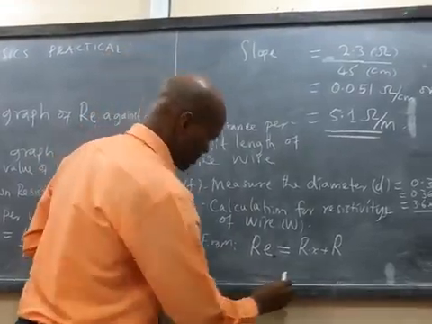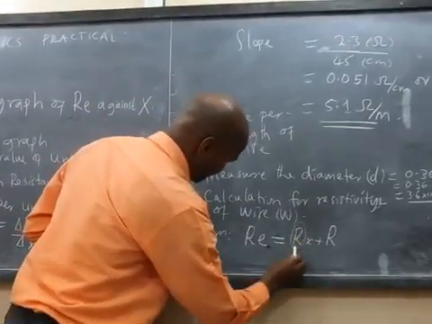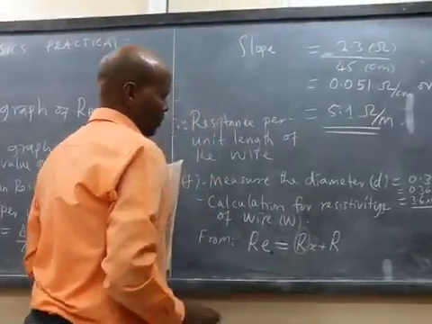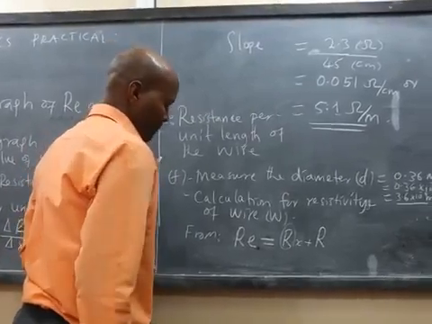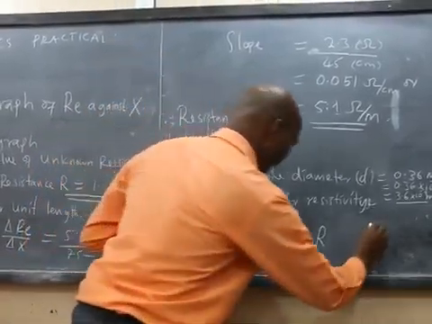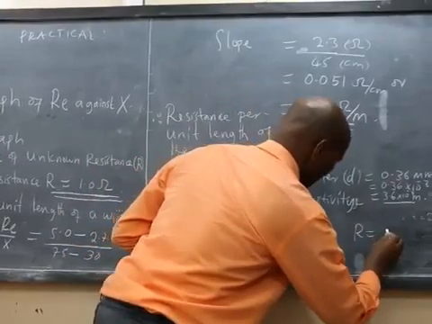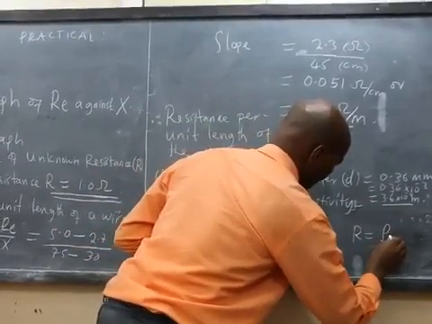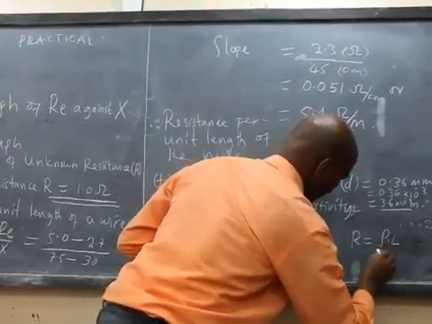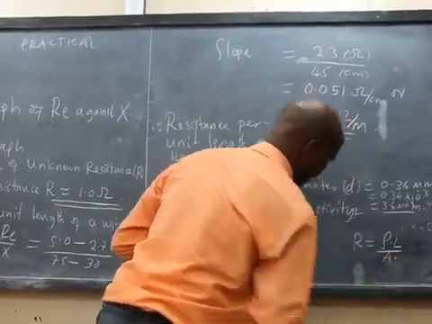Now this value here, R, we know from the formula of resistivity, R is equal to resistivity times length over area.